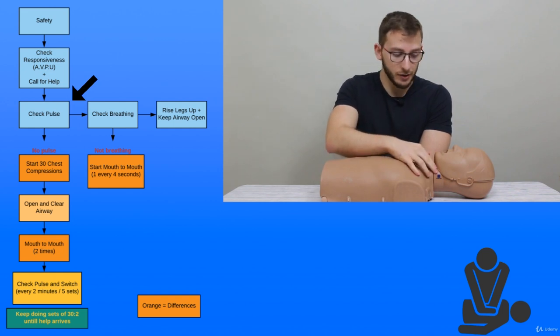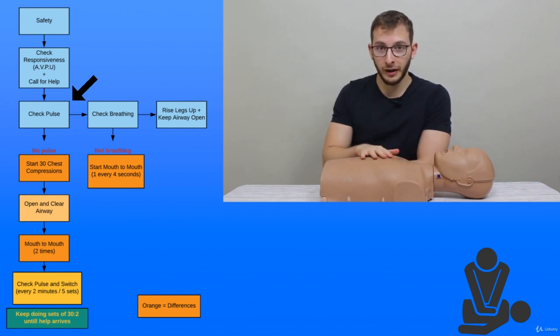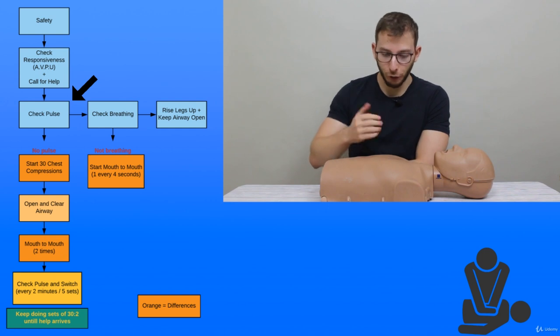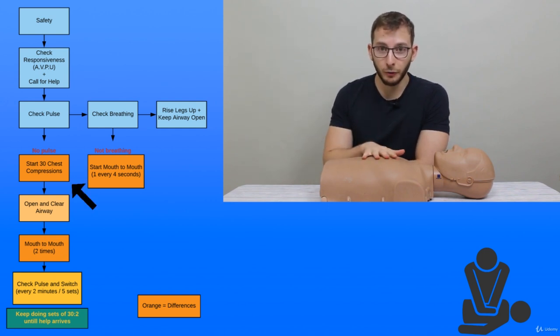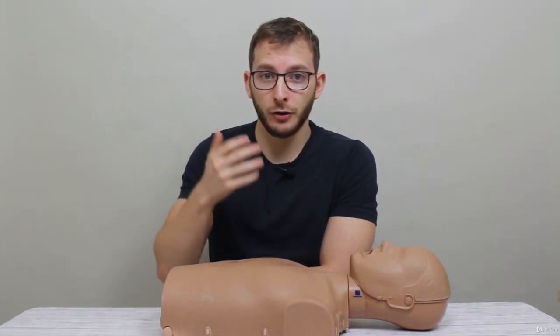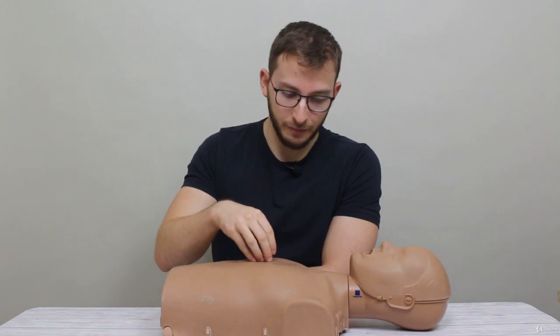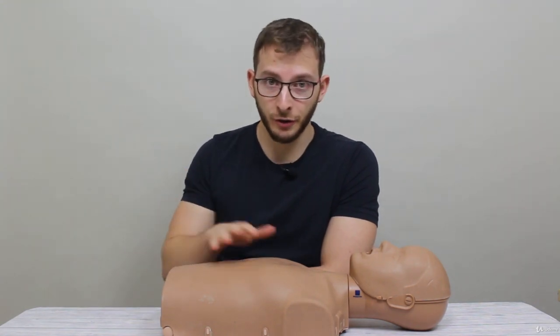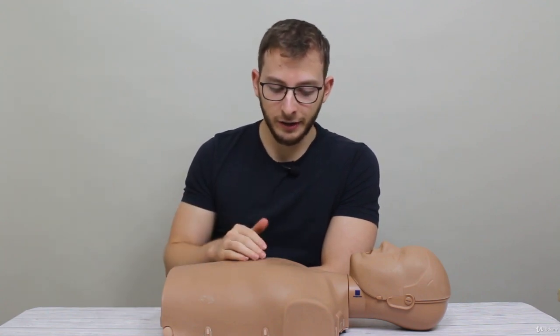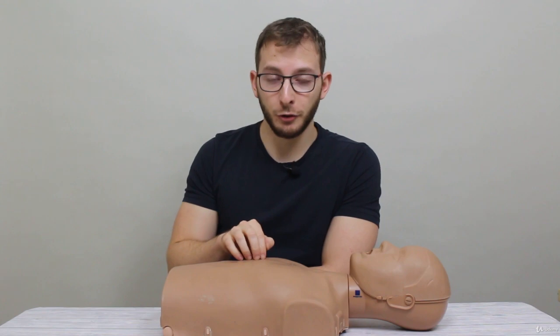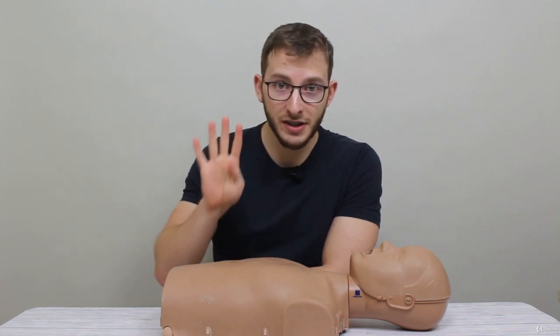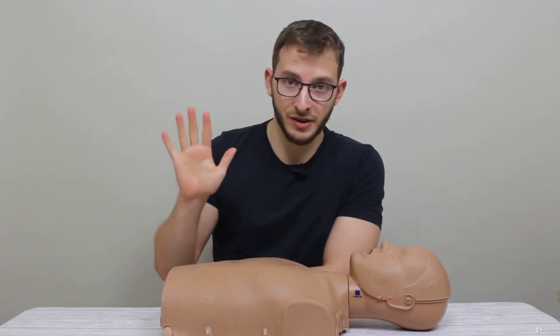Now comes the difference. When we check his pulse and we find out he has no pulse, we will need to perform chest compressions. The way we perform chest compressions on a child is a bit different. We will obviously not want to press on him as strong as we press on an adult, and for that reason we will use one hand. The general guidelines say that on children we want the chest compressions to be 4 centimeters deep, while on adults it's 5.